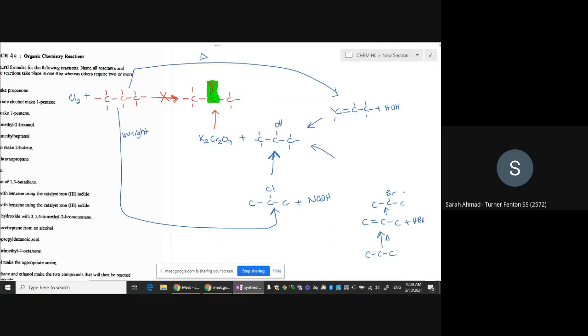Now I can take this and I can still react it with sodium hydroxide, and I'll get here in that route as well. So there's a couple of ways, 3 routes really, in which you can get to the end product. But notice how I went about it. Backward design, that's what it is. Sometimes it's obvious, sometimes it's not. And when it's not, you're going to focus on the end product and jump backwards stepwise, stepwise, stepwise, until you reach a point where you can regenerate the original reactant.